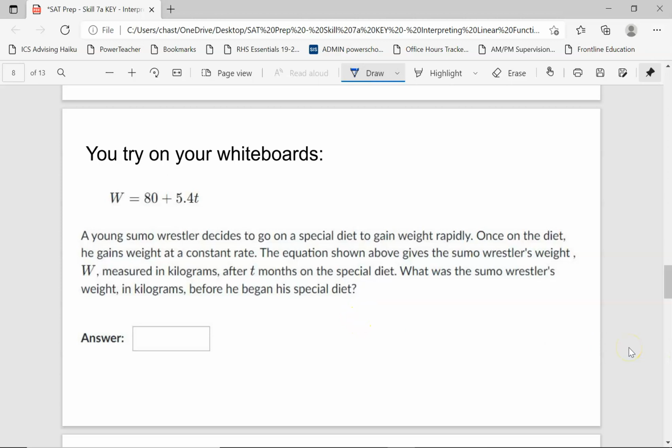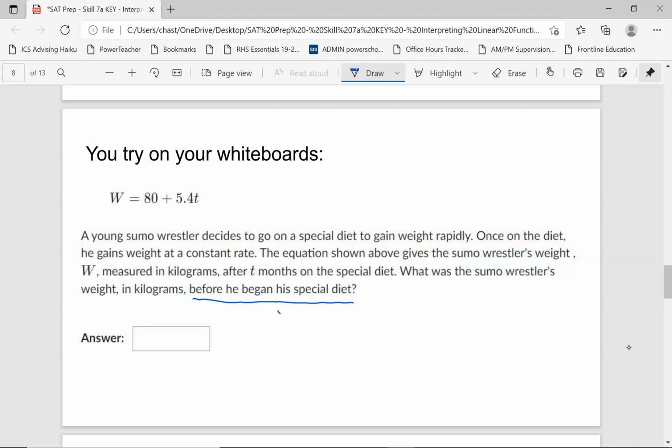A young sumo wrestler decides to go on a special diet to gain weight rapidly. Once on the diet, he gains weight at a constant rate. The equation shown above gives the sumo wrestler's weight W, measured in kilograms, after T months on the special diet. What was the sumo wrestler's weight in kilograms before he started his special diet?